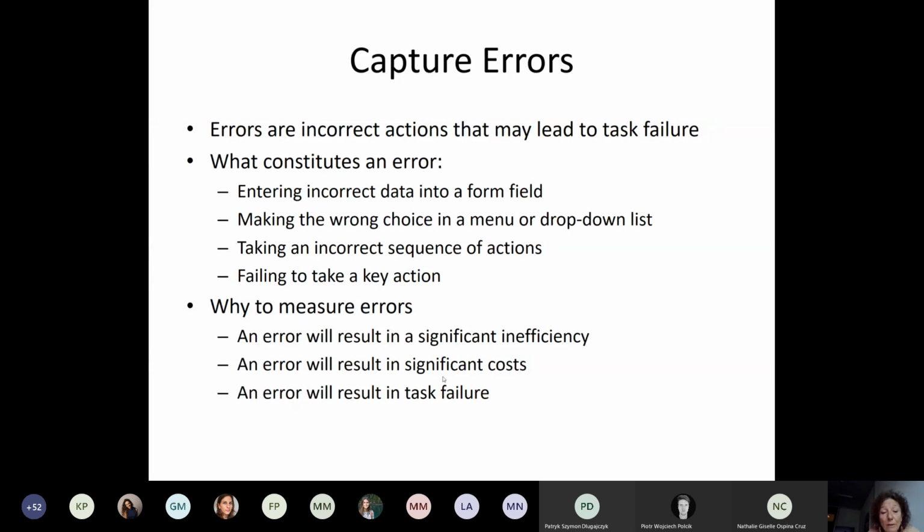And why measure errors? If users make errors, they lose time, they waste time. They might do a wrong transaction, wrong functions, and in general, they don't get what they would expect to get from the application.